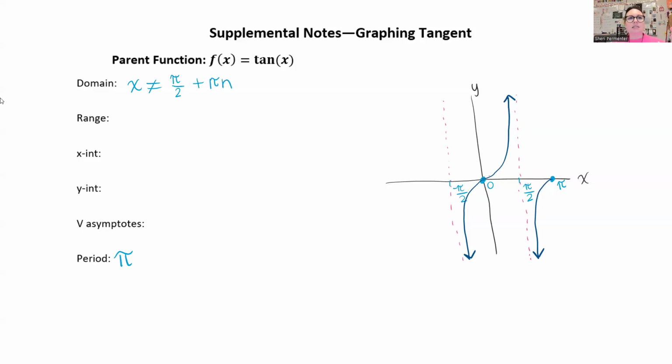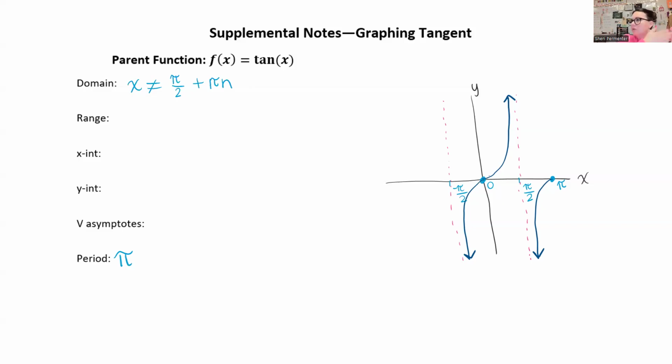And what that means is, if we started at 0 and you're continuing on, the graph does not equal pi over 2. And these asymptotes happen every pi. So if it doesn't equal at pi over 2, you could add another 180 or another pi, and it doesn't equal there.